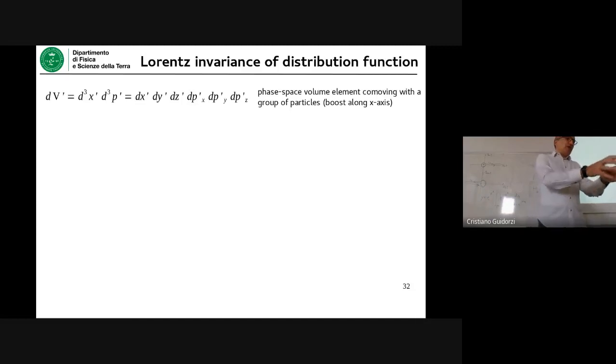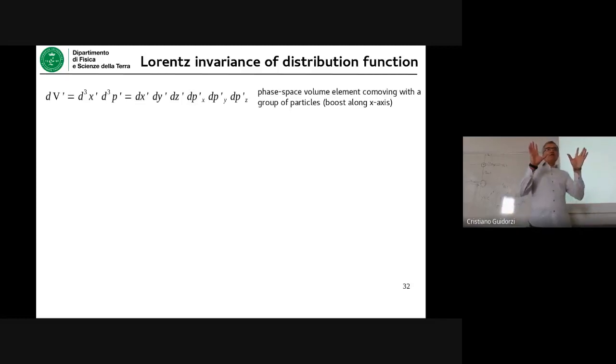You have a bunch of particles in a region of space, and they have almost the same linear momentum. So you can consider the corresponding volume element, where the volume is meant to be in the phase space. So you have a 6D space, in which you have the 3 spatial and the 3 momentum components, okay?